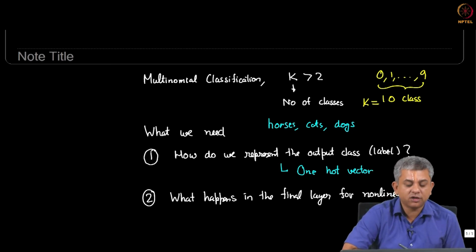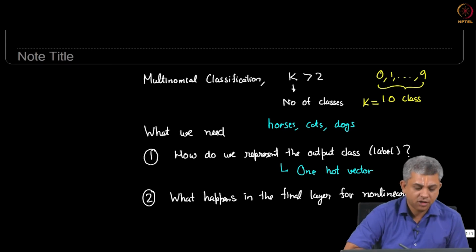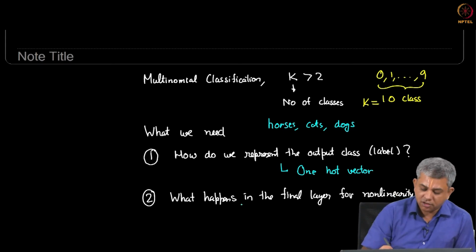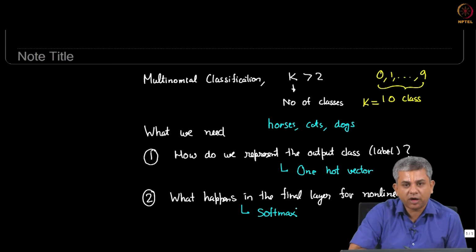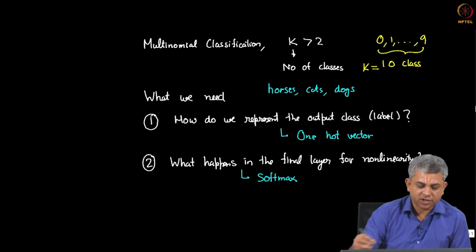Now, what do we do in a multinomial classification case? Okay, so, we will be looking at a function called the softmax function, which actually corresponds very well with the one hot vector. So, we will use that for multinomial classification.